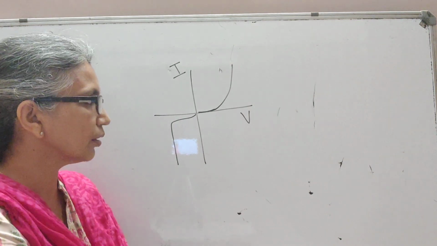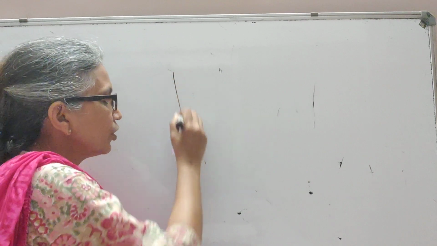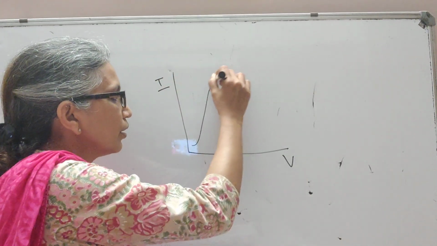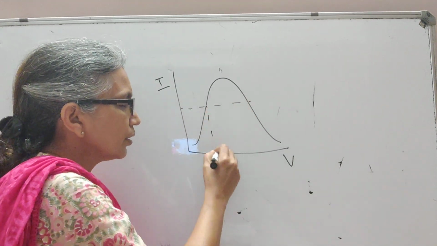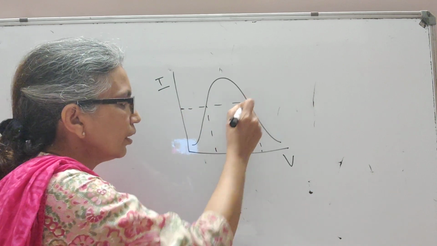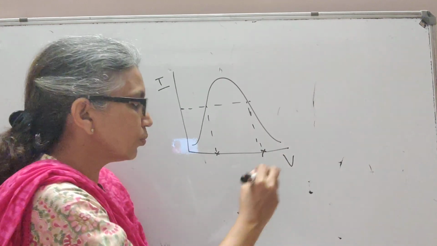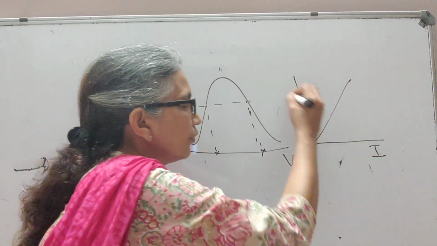We have another semiconductor called gallium arsenide, GaAs, for which the VI graph looks like this, which means that again this is a non-linear graph, and the same current I happens at two different voltages, which is not true in the case of Ohm's law, because in Ohm's law we have a straight line, with I here and V here.